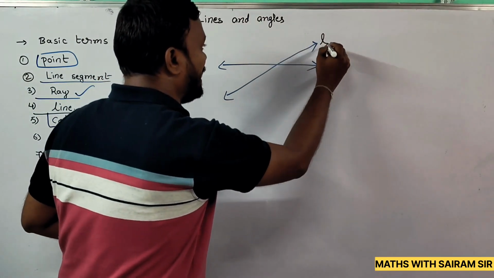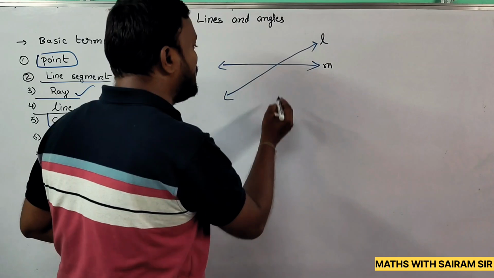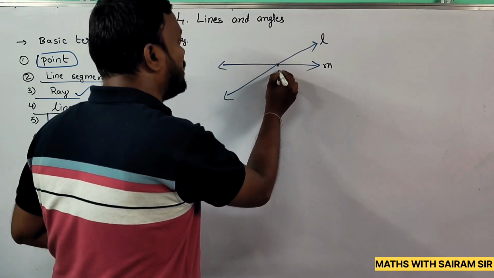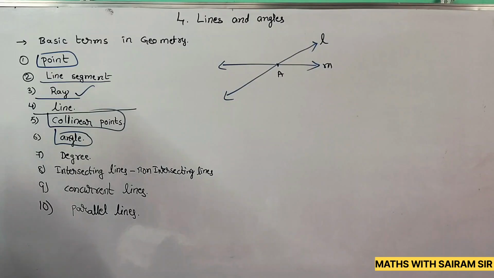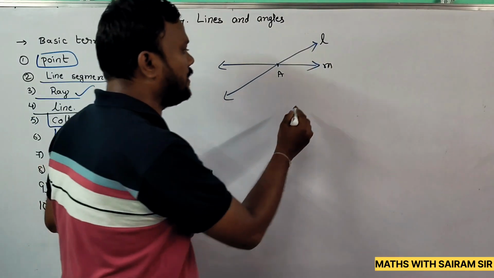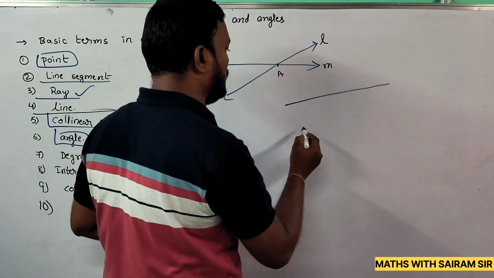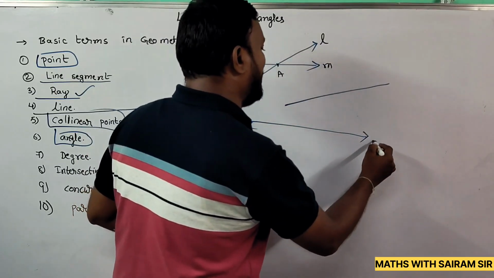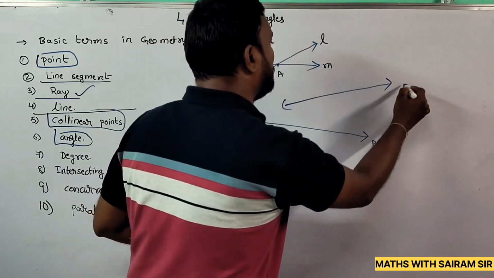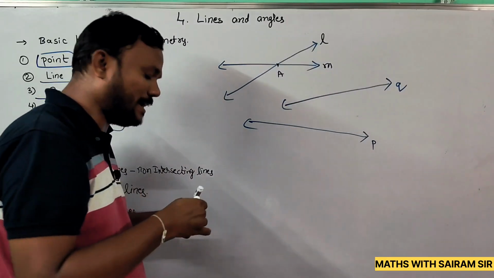Let us take this line L and this line M. These two lines have a common point A, so these two lines are known as intersecting lines. And if you see line P and line Q, these two lines also do not appear to have any common point.